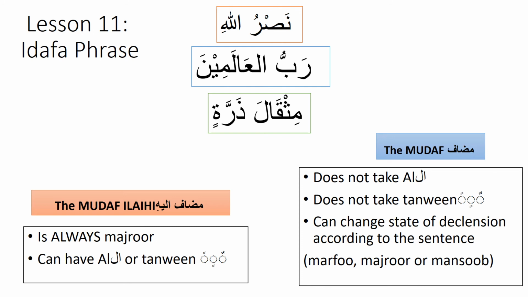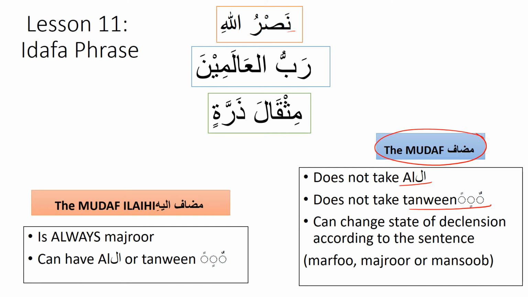The mudaf over here, let's just start with the mudaf, which is the first part of the idafa phrase. It does not take alif lam and it does not take tanween. So as soon as you come across a noun that doesn't have an alif lam, it doesn't have a tanween, nasru, rabbu, mithqala, then you know immediately that, oh, hey, maybe this is going to be an idafa phrase. Maybe this is going to be a mudaf to a mudaf ilayhi.